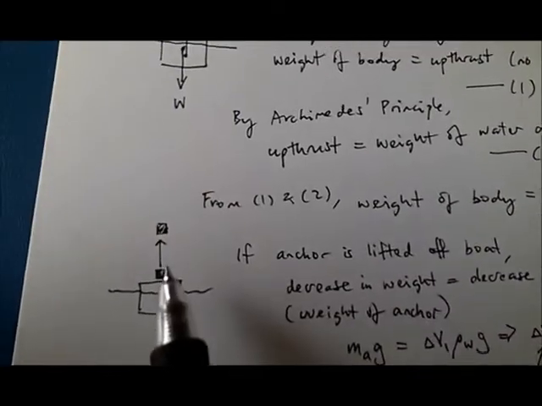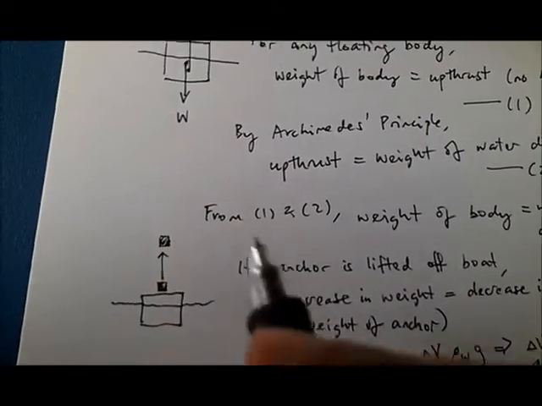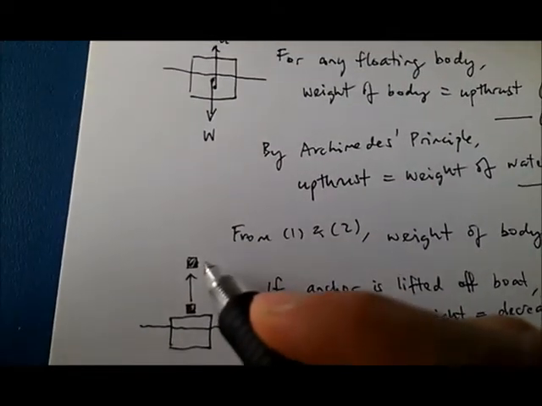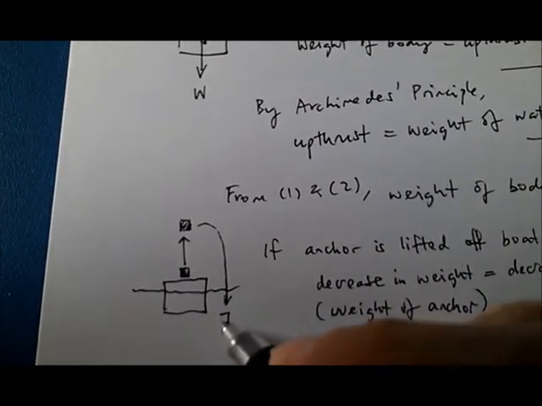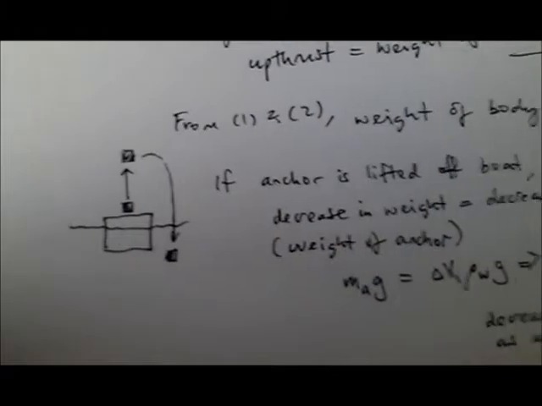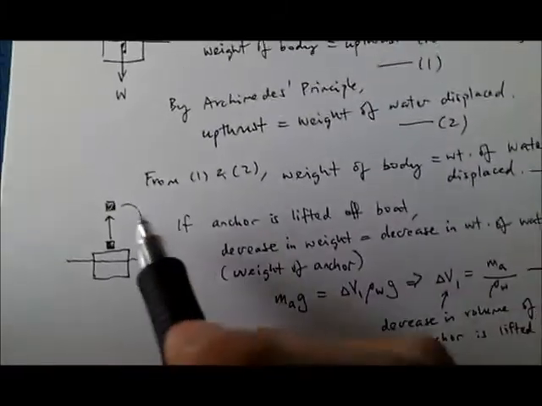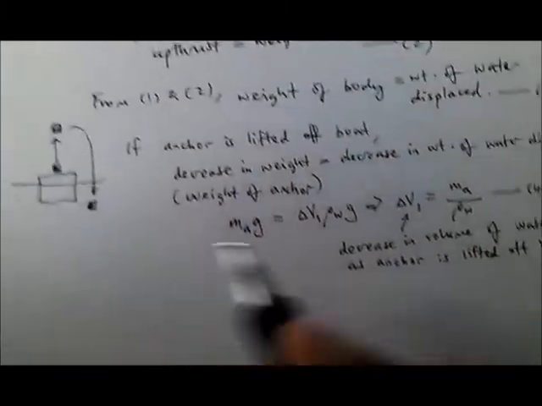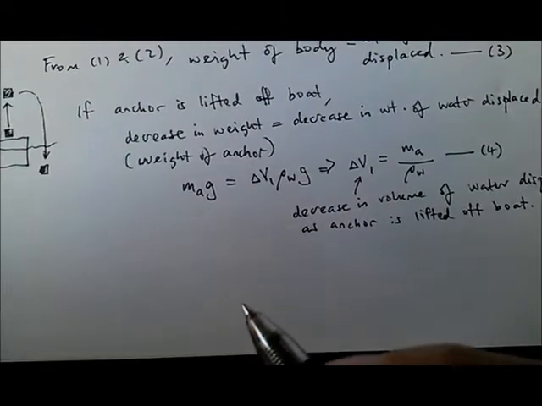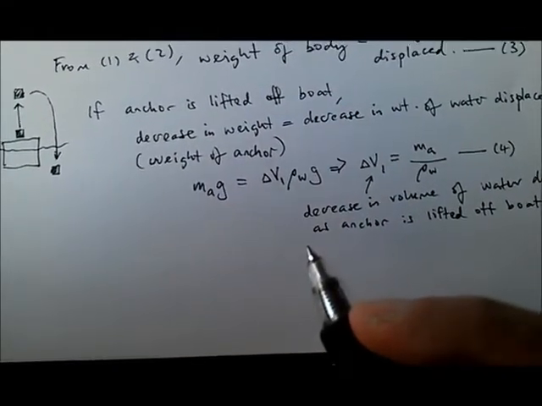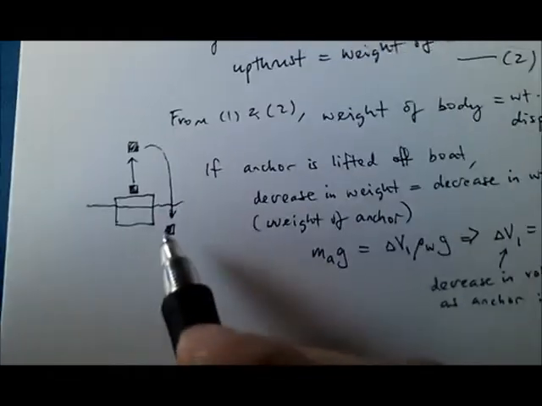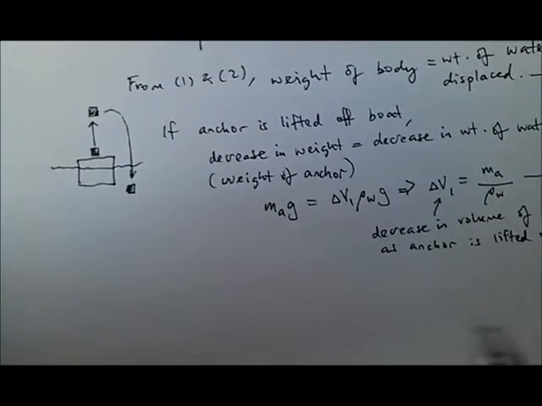So the anchor is now in the air. What happens if you throw this anchor into the water? Obviously, water will now be displaced. As the anchor goes from air into the water, what is the volume of water that is displaced? Obviously, the volume of the water displaced will be equal to the volume of the anchor.